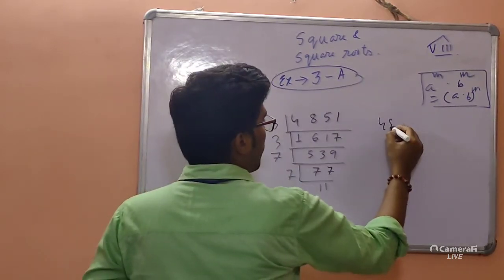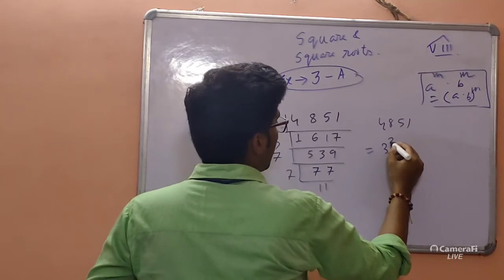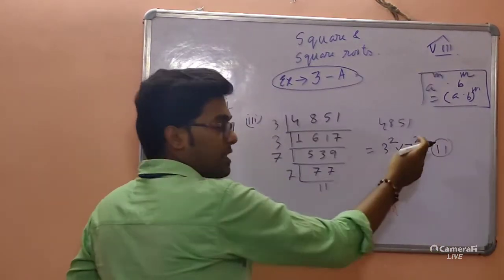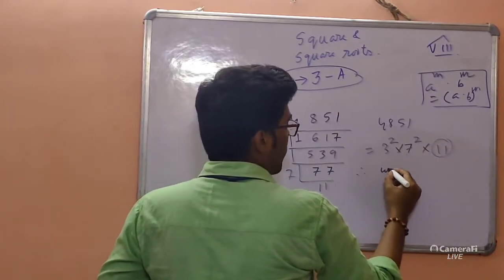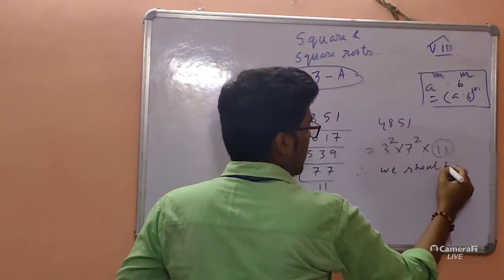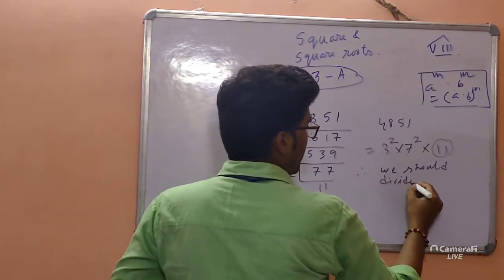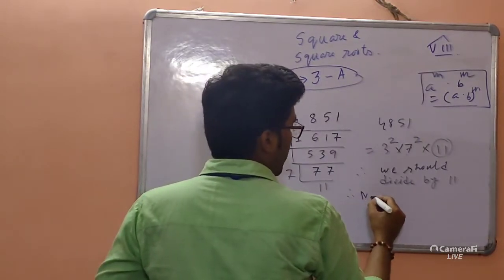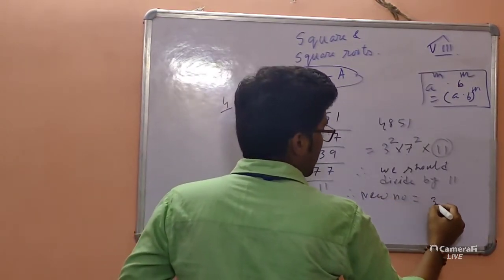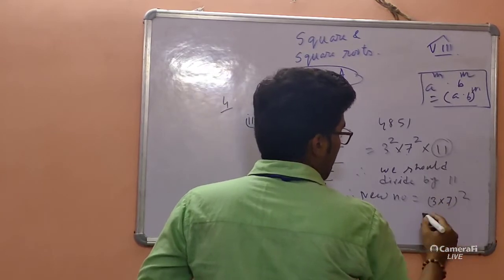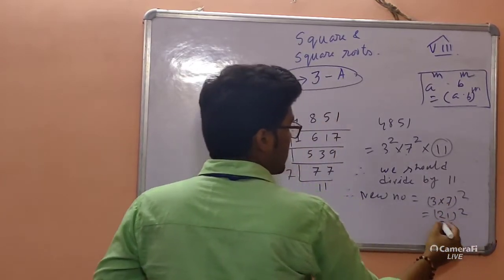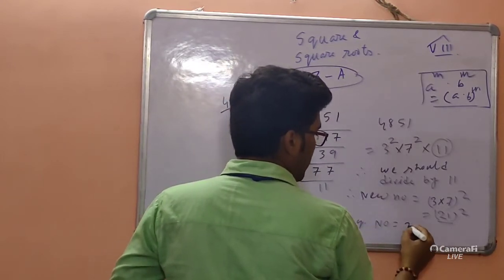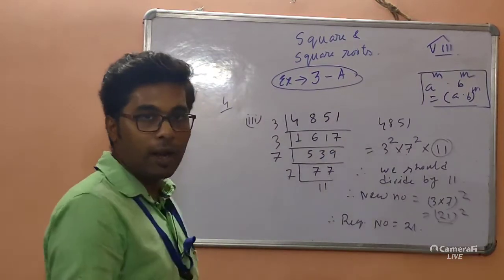So what do you have here? 4851 is 3 square, 7 square into 11. So this is the number we should divide by. Therefore we should divide by 11. Therefore the new number will be what? 3 into 7 whole square. That means 21 whole square. So this is the required number. Therefore the required number is equal to 21.